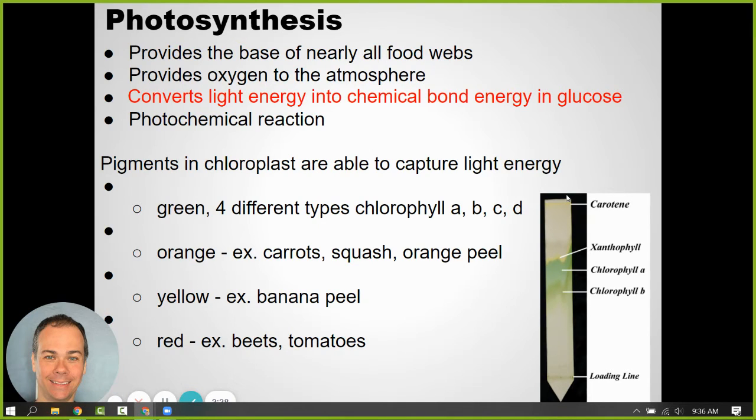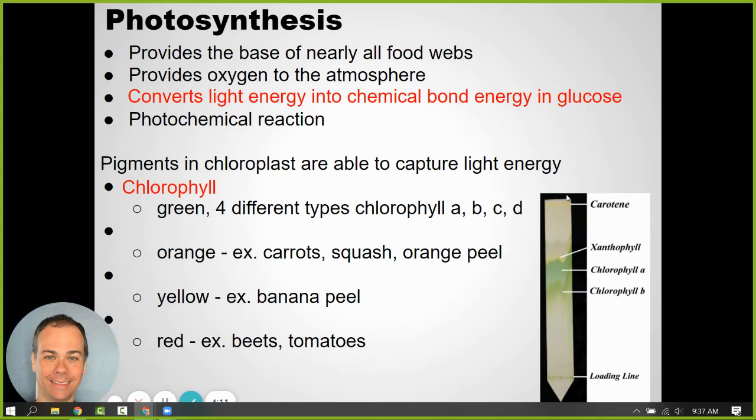So, as you know, most plants are green, or the parts that go through photosynthesis are green. And that's because they have a special molecule called chlorophyll that can absorb the light energy. It's called a pigment. A pigment is a molecule that can capture light energy. But actually, chlorophyll is only one of the types of pigments that you see in plants.